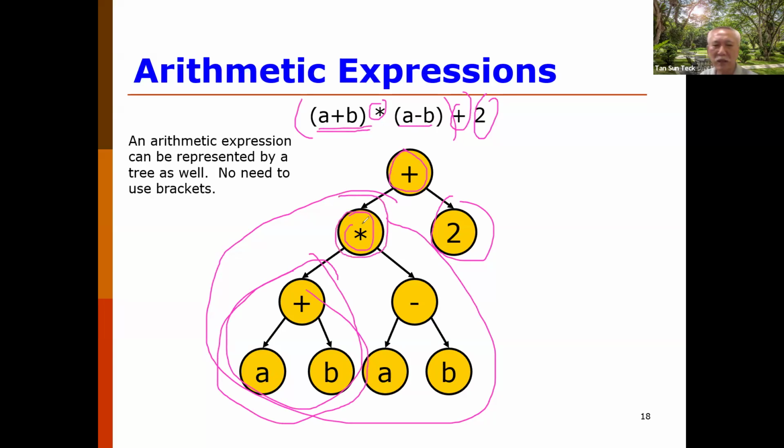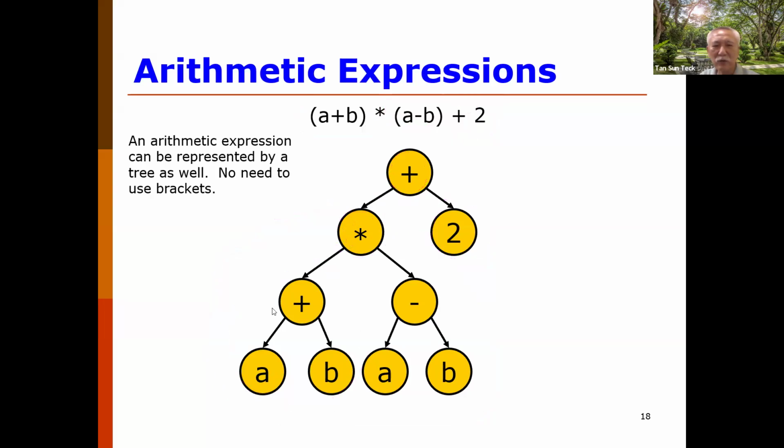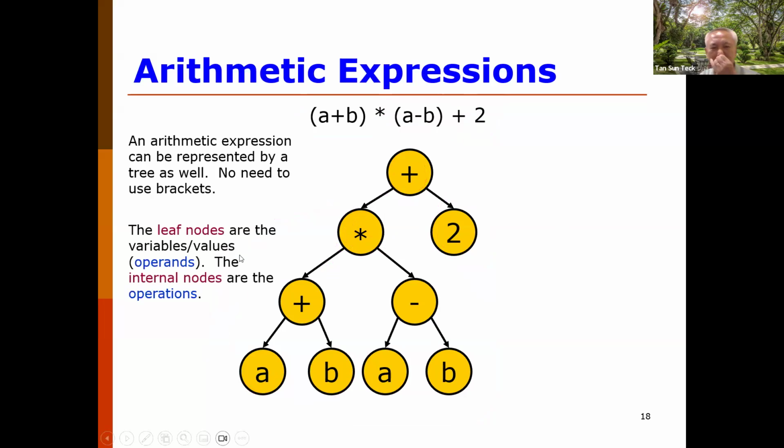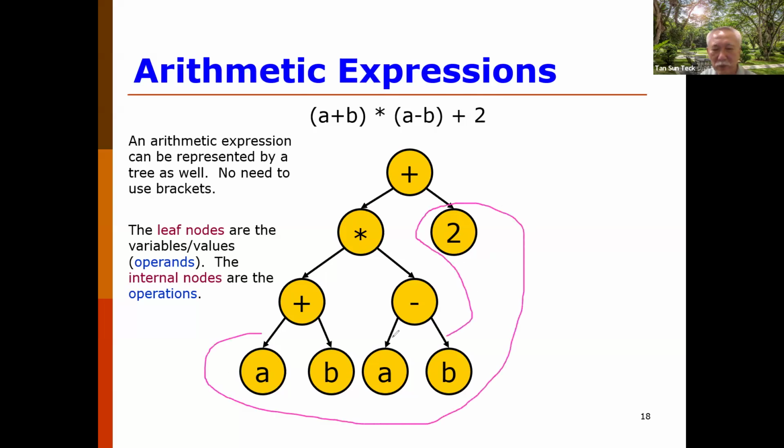to form an operand for the operator multiply. Okay, so now the question is, of course, given an expression, how do you draw the tree? How do you represent it internally? Right, so you notice something. The leaf nodes are all variables or values, right? So just now we mentioned the definition of the leaf node, right? So these are all leaf nodes.